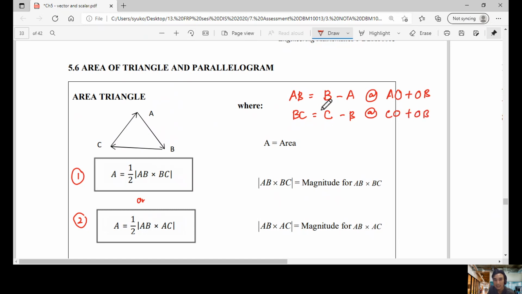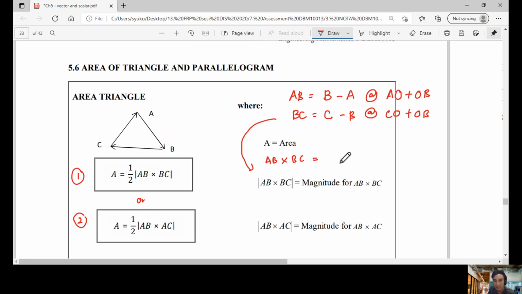Okay, so that we must put the coordinate or the vector in this equation and then get the vector of the AB and BC. Why? Because kita perlukan this value to substitute into this formula. Okay. So selepas itu barulah kita apply vector AB cross product with vector BC.